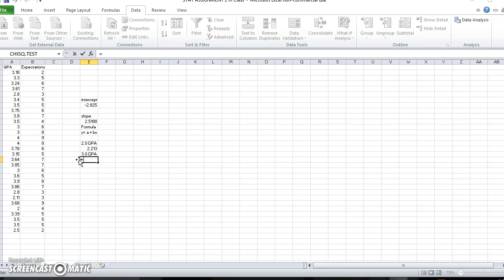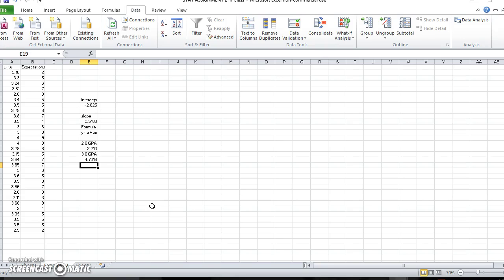Again, looking at the y equals a plus bx model, we plug in our intercept, because that's our a, plus our b, which is our slope, 2.518, times our x. Our x right here is 3.0, because we're trying to predict our expectations based on the fact that we have a 3.0 GPA. And we get a score of 4.73.